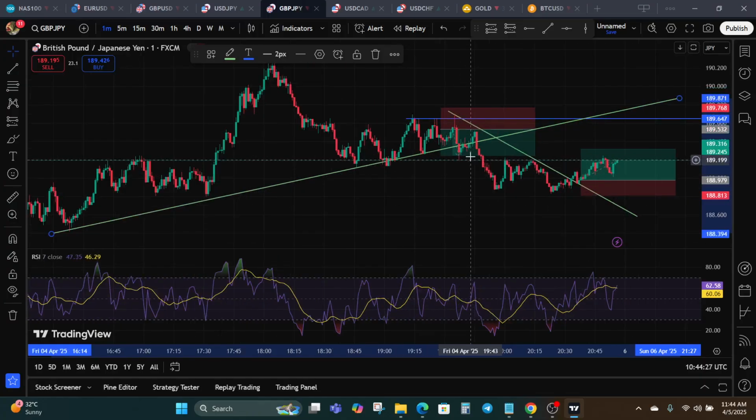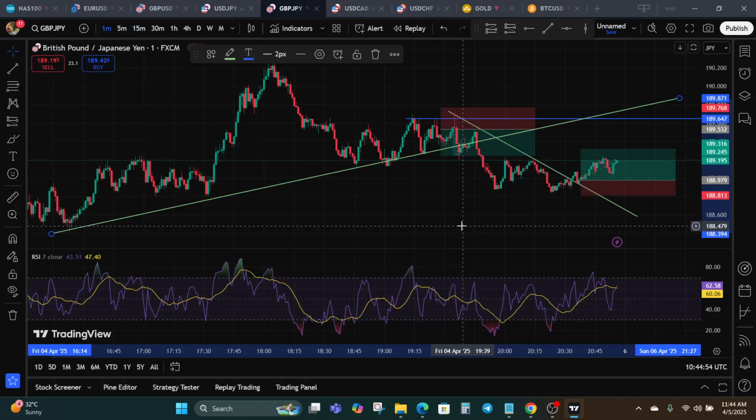Maybe you notice price breakout from a key level and you get an RSI signal that supports that breakout. It increases the confidence and the credibility of that trade or that signal. Remember that patience is key. Scalping is not about waiting for big moves. It's about catching small but frequent ones.